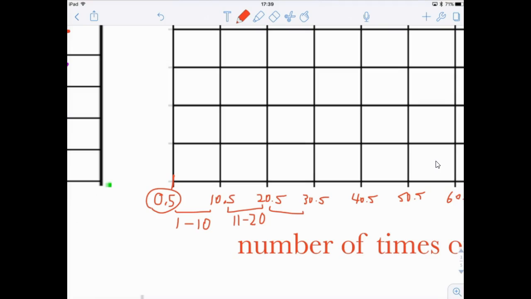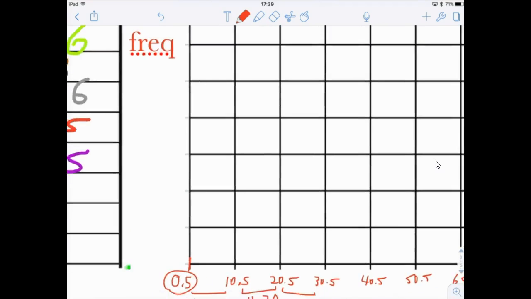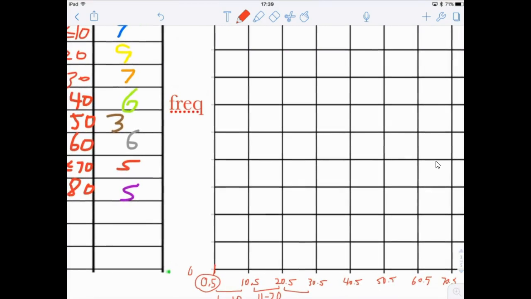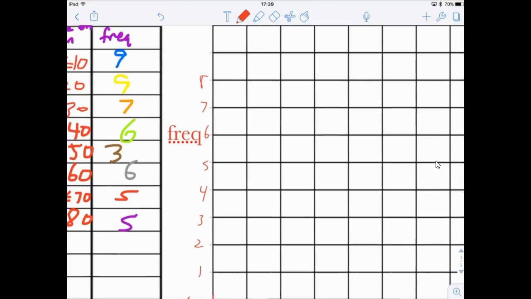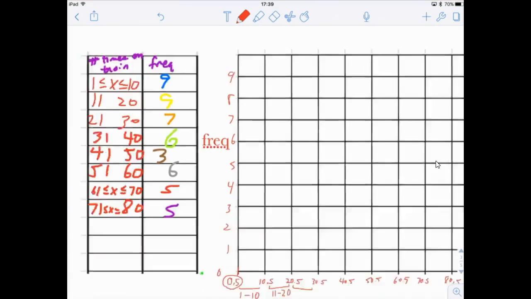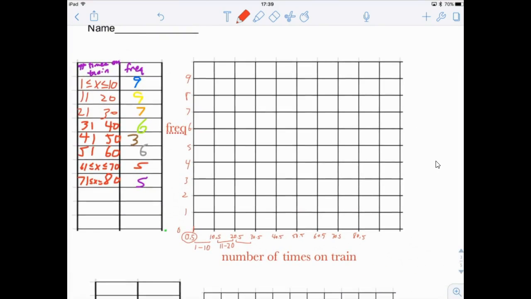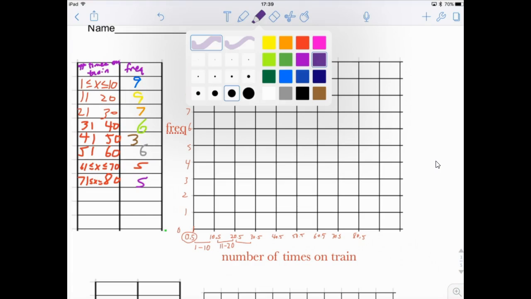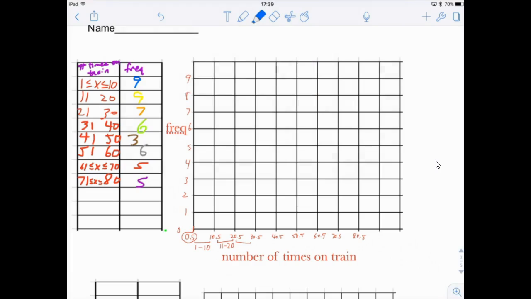Okay? And then for the frequencies, we'll just put the numbers 0, 1, 2, 3, 4, 5, 6, 7, 8, 9. Okay? And then we're just going to mark each one of the histogram bars. So the first bar is going to be 9, right? And that's here.